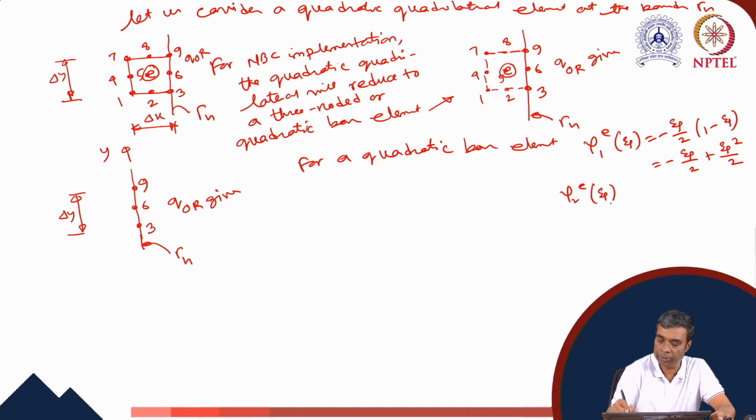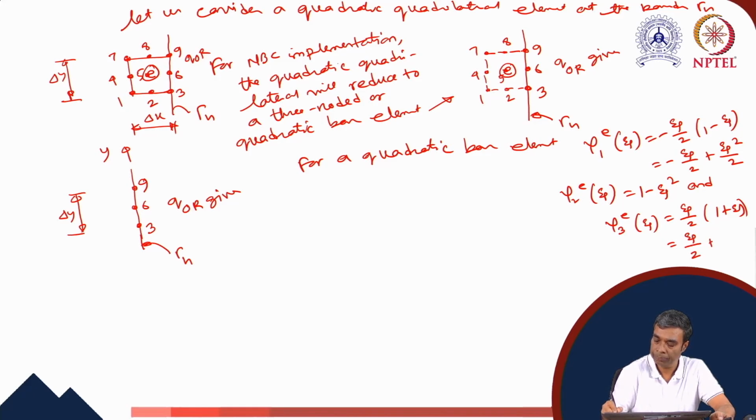Psi 2 of xi equals 1 minus xi square, and psi 3 of xi equals xi by 2 into 1 plus xi. So this is xi by 2 plus xi square by 2.